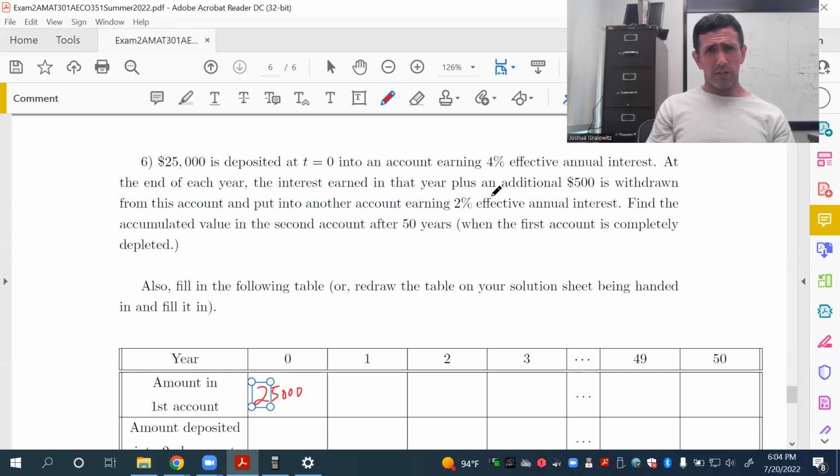At the end of each year, interest plus 500 is withdrawn. So no subtlety here. At the end of each period, we keep withdrawing $500. Each time, it's 25,000 minus t times 500.